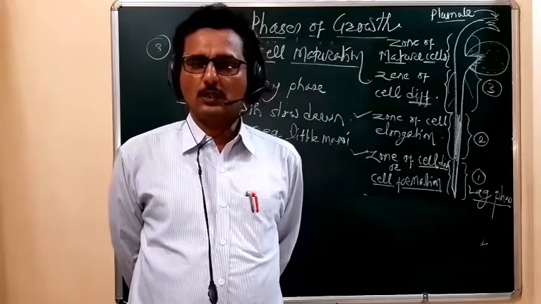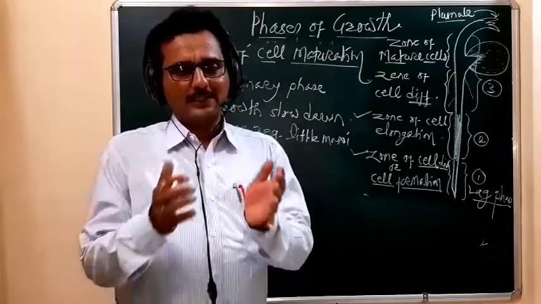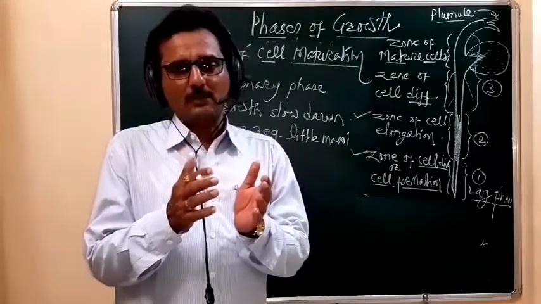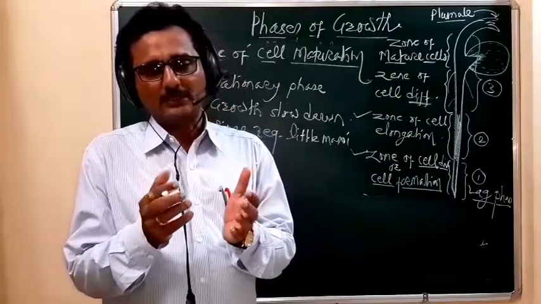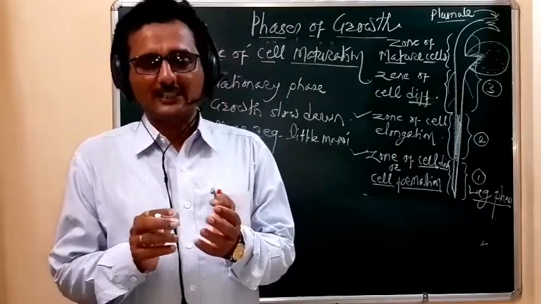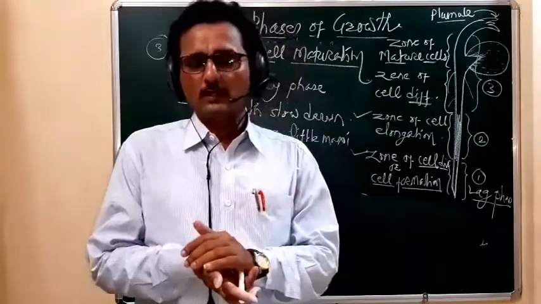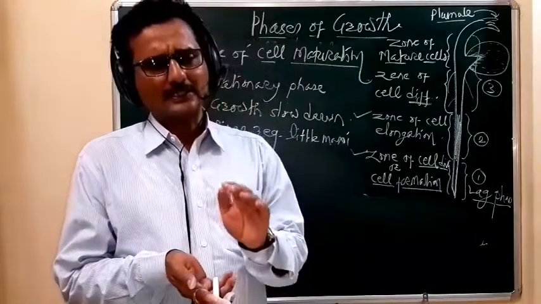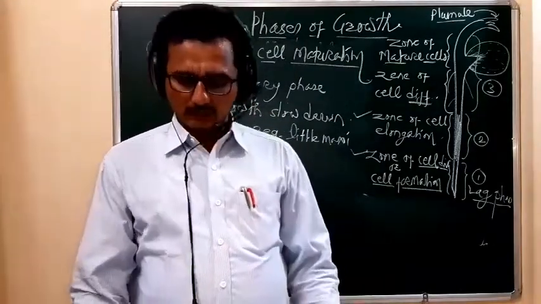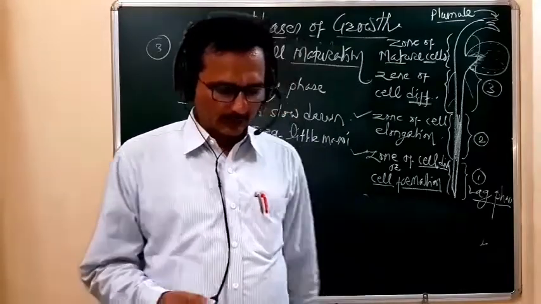We never observe maximum growth there, but the time requirement is a little maximum, in the sense that time is required for cell differentiation or for the formation of various types of cells. But at this site we never observe the maximum growth. So remember this one.